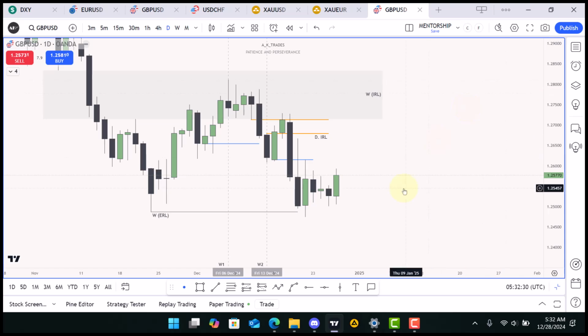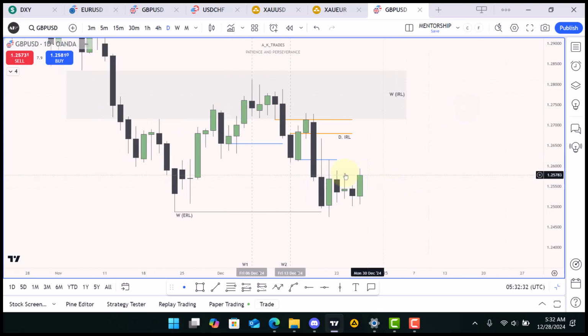Okay, so on a daily time frame, like I said, we look out for our reversal pattern and our change in state of delivery. So here, this bearish candle was the one that created liquidity on the weekly time frame. And then from here, what are we looking for? Change in state of delivery.